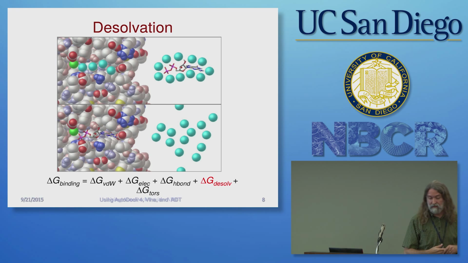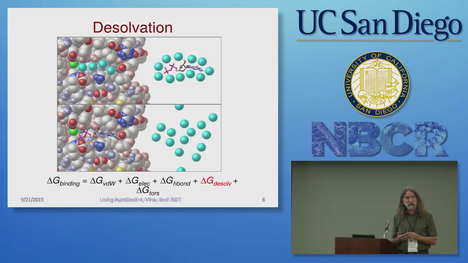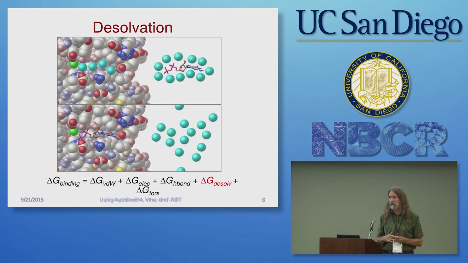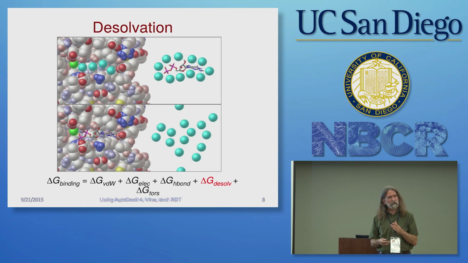On top of this, we add a desolvation term, which is important for getting the numbers right on the free energy calculation. What this is modeling is a whole bunch of terms all glommed into one big term: some enthalpic contributions and entropic contributions of the release of water molecules that surround the ligand and fill the binding site when the ligand binds.